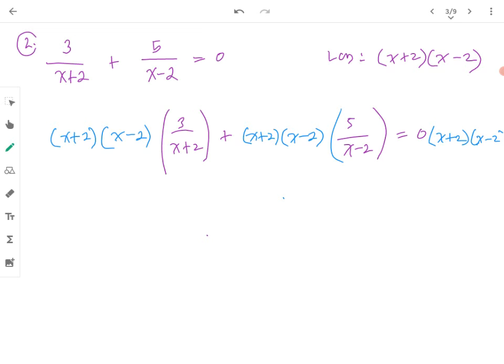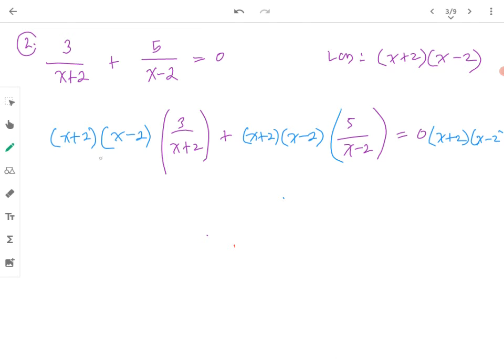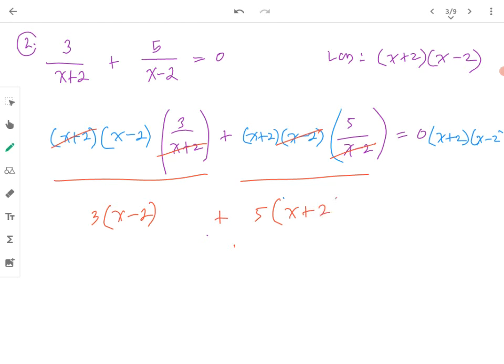Okay. So now by division we cancel x plus 2, that becomes 1 already. So in this portion we are left with 3 times x minus 2. And x minus 2 and x minus 2 are cancelled by division. So in this section, we have 5 times x plus 2.